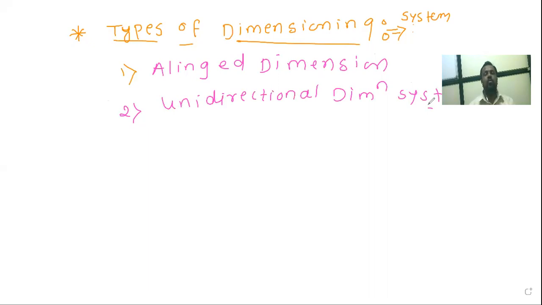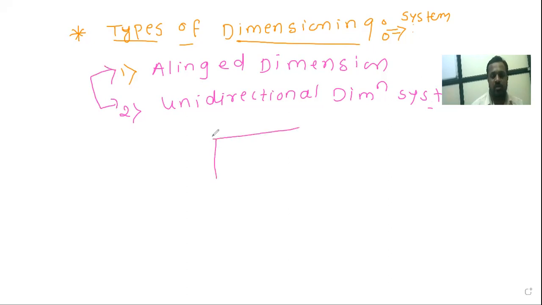Okay. Now we see here what is meant by the aligned dimension and what is meant by the unidirectional dimension. Just remember there are two types of dimension systems. First is the aligned dimension system and the second is the unidirectional dimension system. With the help of these two dimension systems, we can give the dimension to any component.